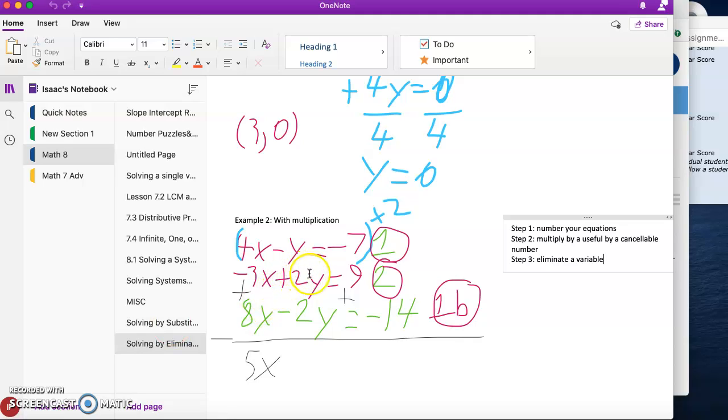This positive 2y and negative 2y cancel, so that's plus 0, equals 9 plus negative 14 is negative 5. So now I've got 5x plus 0 is just 5x. Negative 5 gets left alone, and I'll get 5x equals negative 5. I'll divide both sides by 5, and I'll get x equals negative 1.